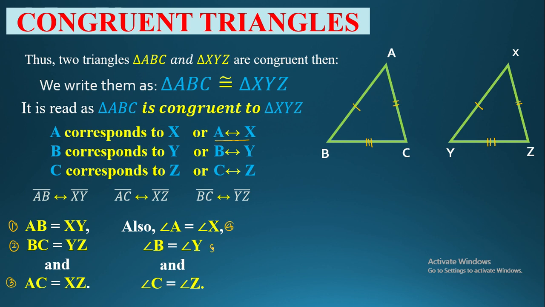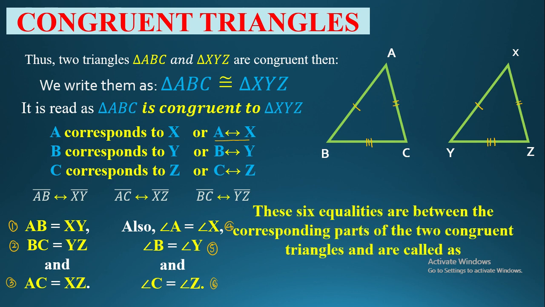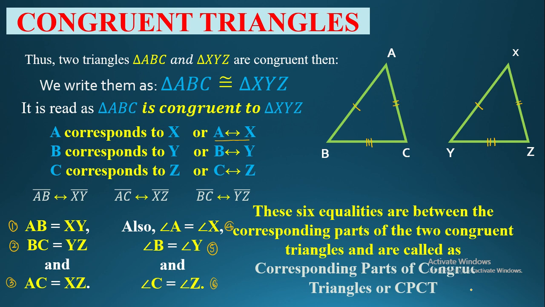We can see here A corresponds with X, so we have equality between these corresponding parts, and we call these six equalities corresponding parts of congruent triangles, or in short we call them CPCT.